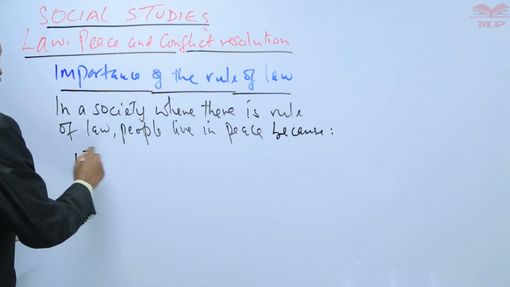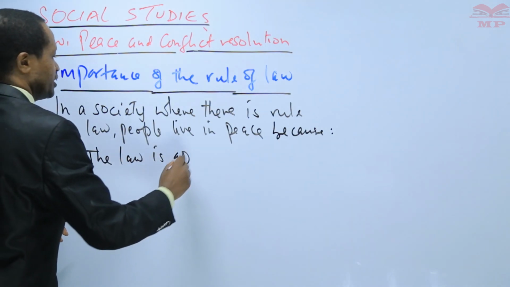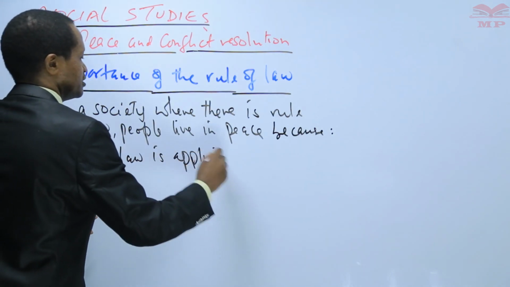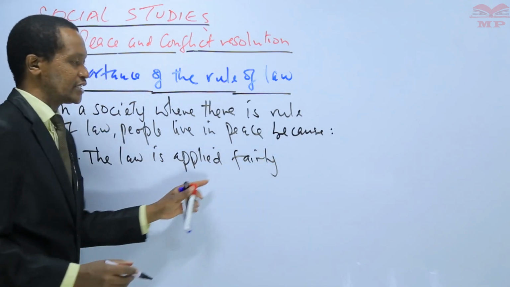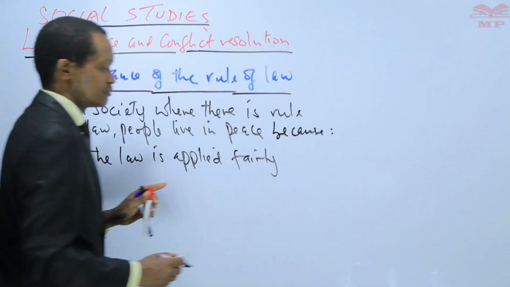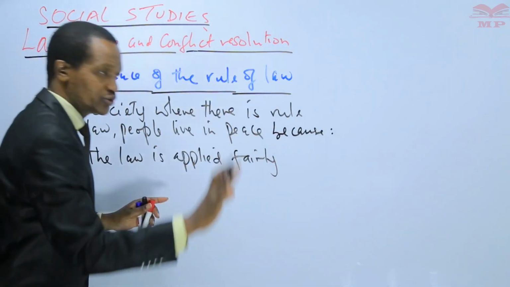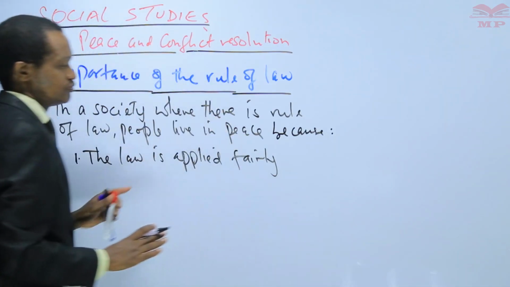The law is applied fairly, meaning no one is above it. Anyone who breaks it is punished. There is no discrimination when it comes to the application of the law.